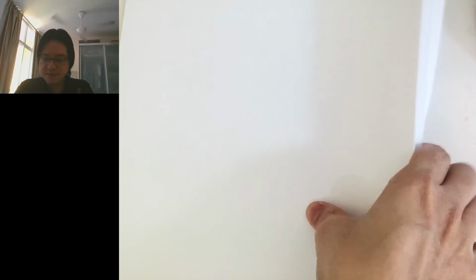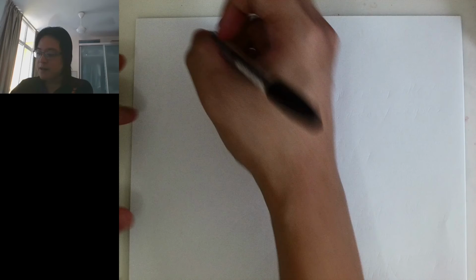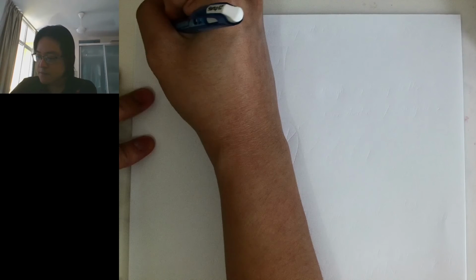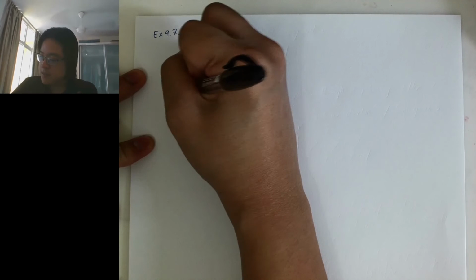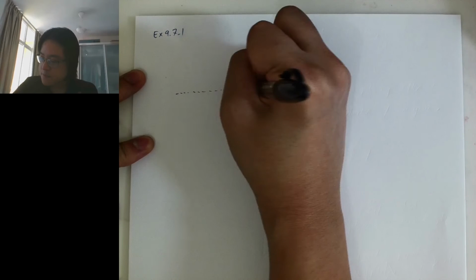So let's solve this. I will show you my usual way of solving this by drawing the picture, because it gives me a very clear idea of how to solve the question. So this is example 9.7.1. Optical axis along the horizontal direction.